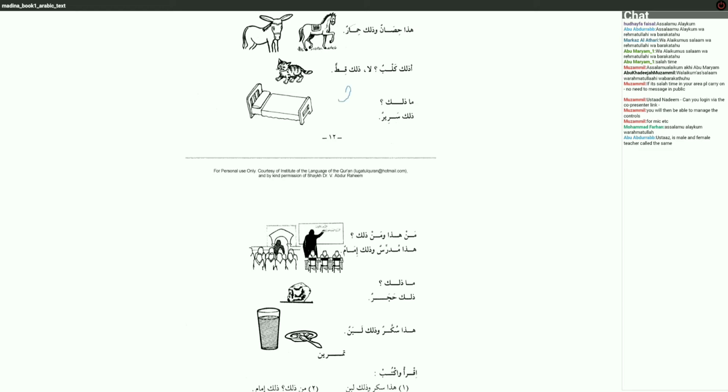Speak to the Imam in your masjid or somebody and ask them to help you pronounce this letter. You see it? Qaf. Can't say it with a kaf, it will change the meaning, or it will give no meaning. Jazakallahu khairan.